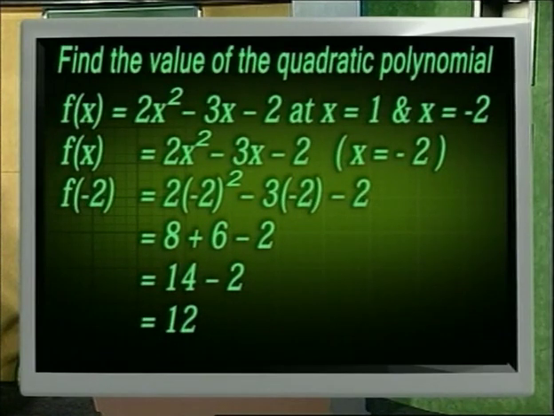So the value of f(minus 2) is 12. In this way we can place any values of x and find out the value of a polynomial.